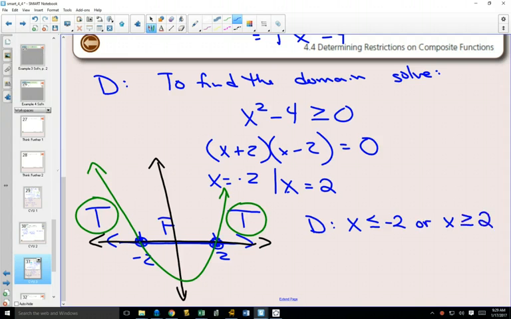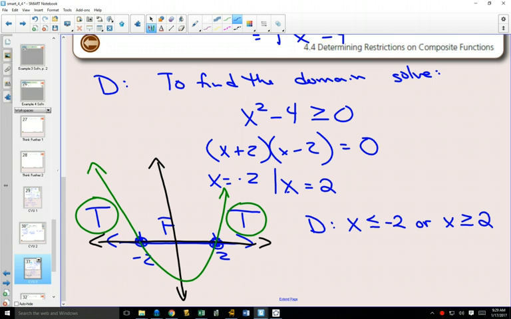And when we have two sections and we use this notation, we use the word or in between. It is here or here. We don't use the word and because in mathematics and logic, the word and means it has to be in both places at the same time. And it's very hard to be less than negative 2 and bigger than 2 at the same time. So we use the word or.